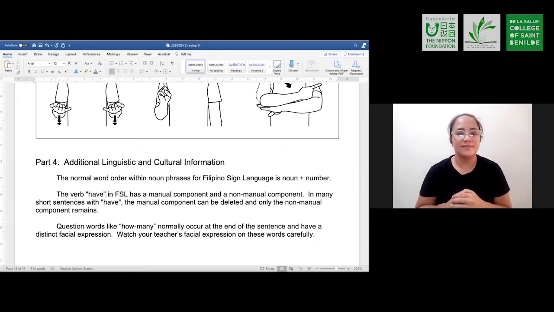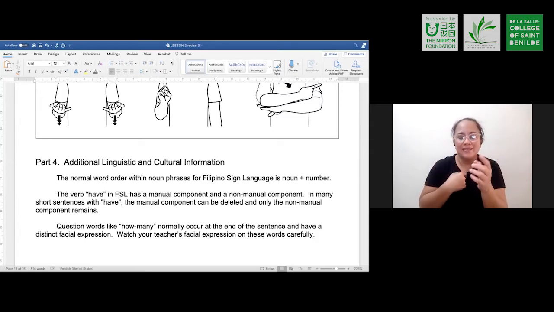More clear in signing than in English. So watch again how Ember translated it.